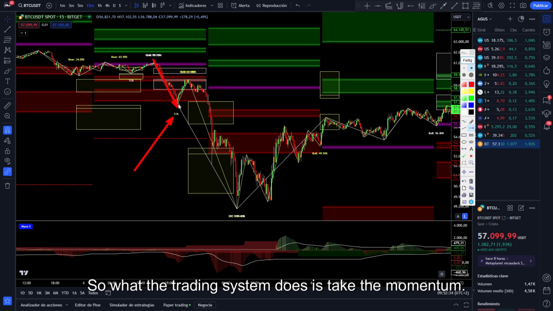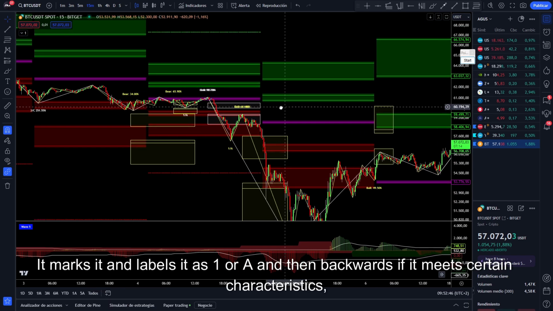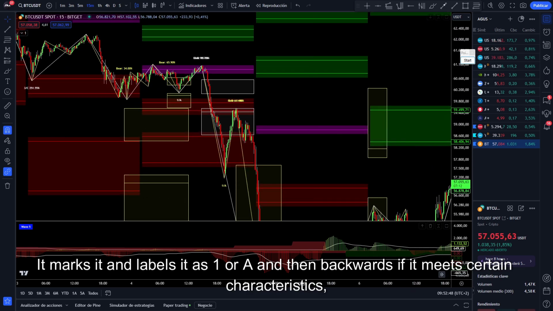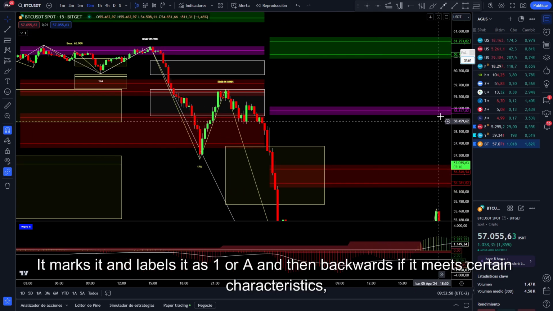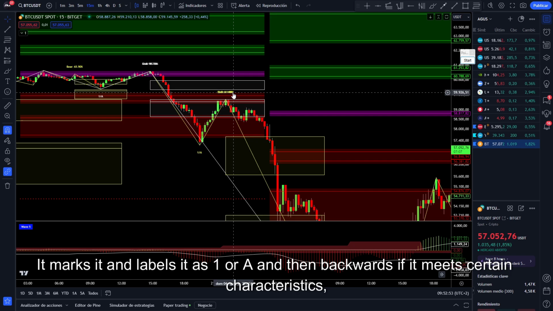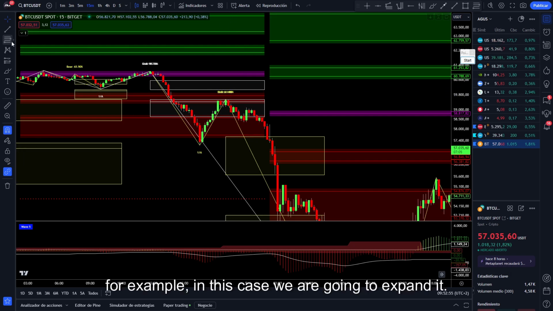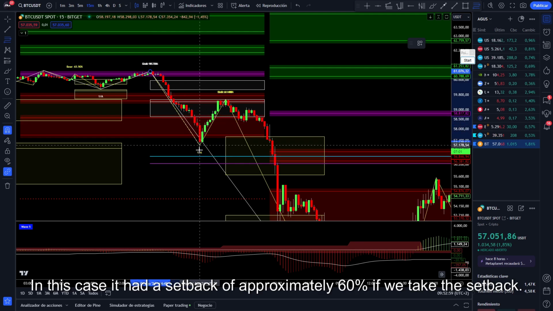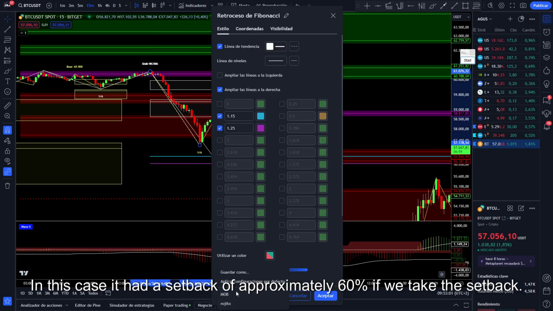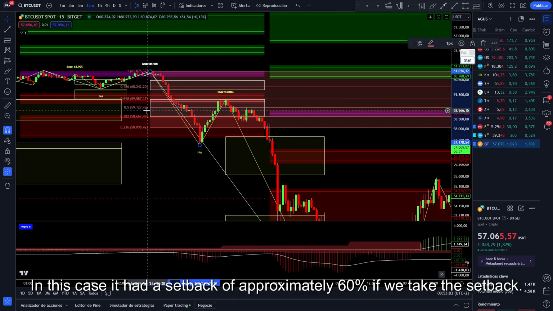So what the trading system does is take the momentum. It marks it and labels it as 1 or A, and then the pullback if it meets certain characteristics. For example, in this case, we are going to expand it. It had a setback of approximately 60%.